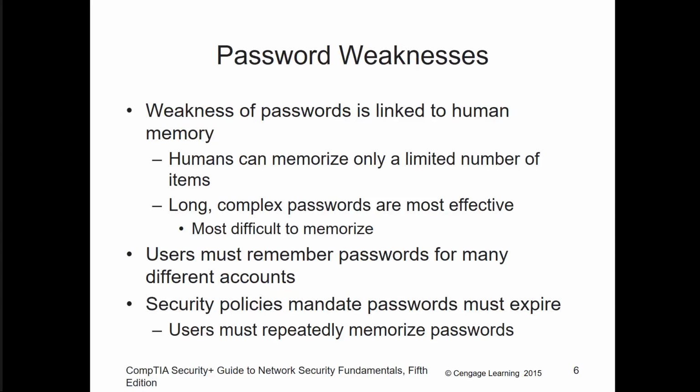Password weaknesses are an issue of memory. If it's too long or too complex, we may write it down and that's easy to find. We may use passwords that are easy for us to remember, but for other people to easily guess. Typically, password policies will control when the passwords expire.